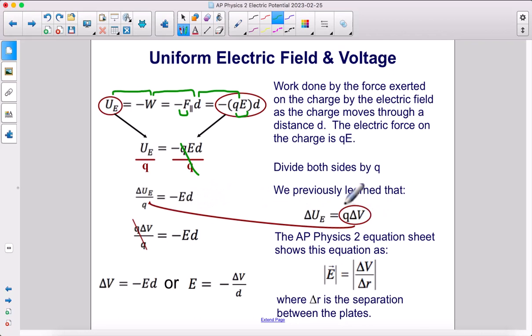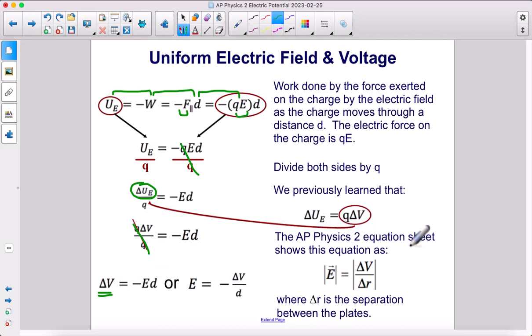We previously learned that change in potential energy is equal to q times delta V. So we're going to plug this in here. So those q's cancel, and we get delta V, or the change in voltage, equals negative electric field times distance.